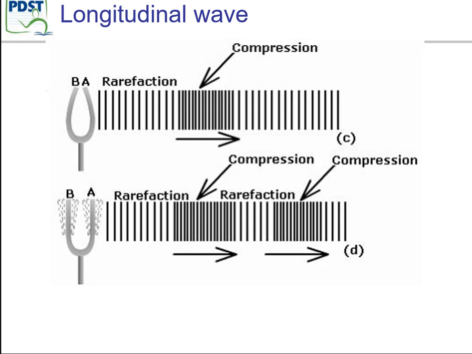If you look at this example of wave, you can see that it is vibrating forward, backward. But as it is vibrating, the direction of vibration is the same as the direction of the wave. So you have the compressions and rarefactions, but these are moving from the left here to the right. So that is a longitudinal wave.